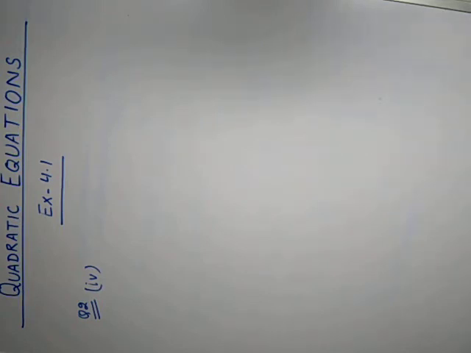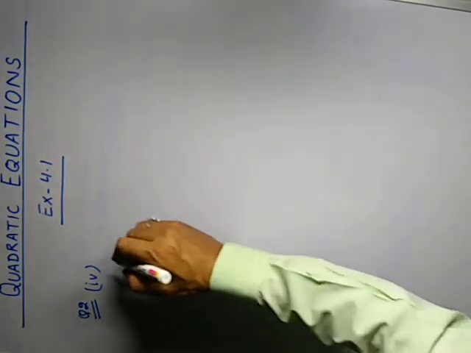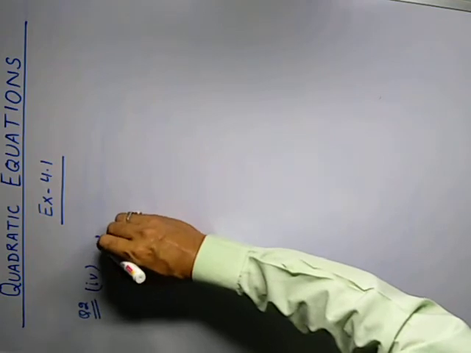Second question, fourth part is a train travels a distance of 480 km at a uniform speed. If the speed had been 8 km per hour less, then it would have taken 3 hours more to cover the same distance. We need to find the speed of the train. So in the given question they are talking about two speeds. One is original speed and other one is decreased speed.